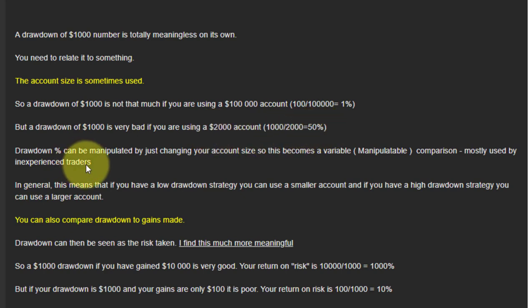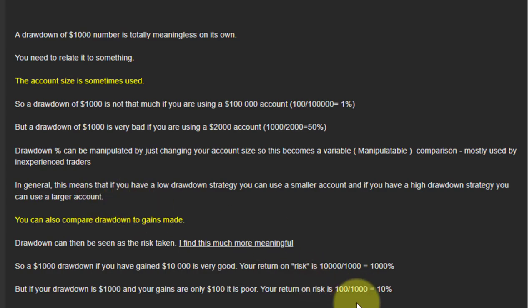So drawdown, in fact, can be manipulated because you can change the account size to get the drawdown percentage that you want. This is a fact that a lot of inexperienced traders don't appreciate. What this means is that if you have a small drawdown, you can use a smaller account, and if you've got a bigger drawdown, you have to use a bigger account.